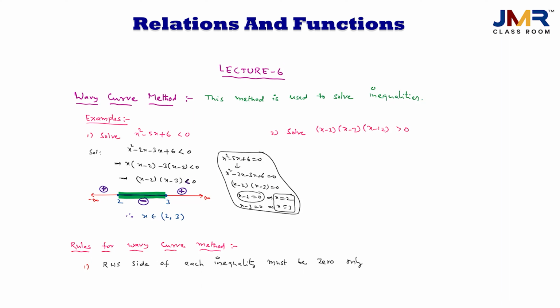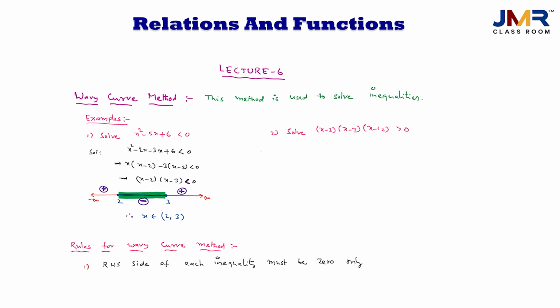Understand? So what steps do you need to follow to solve this inequation? First of all, factorize, meaning split the middle term, and factorize the LHS, and set each factor equal to 0. Find the values of x. Arrange those values of x on a number line as per their magnitudes.